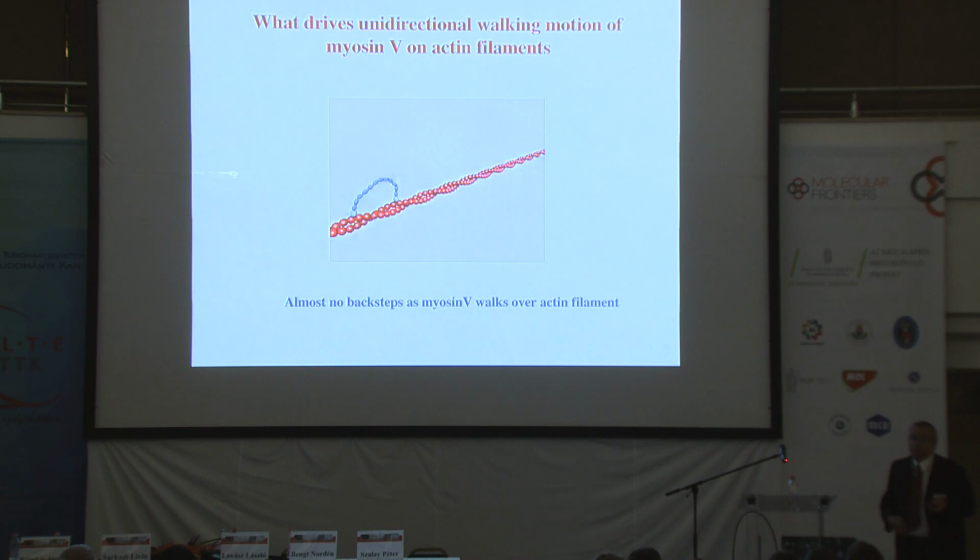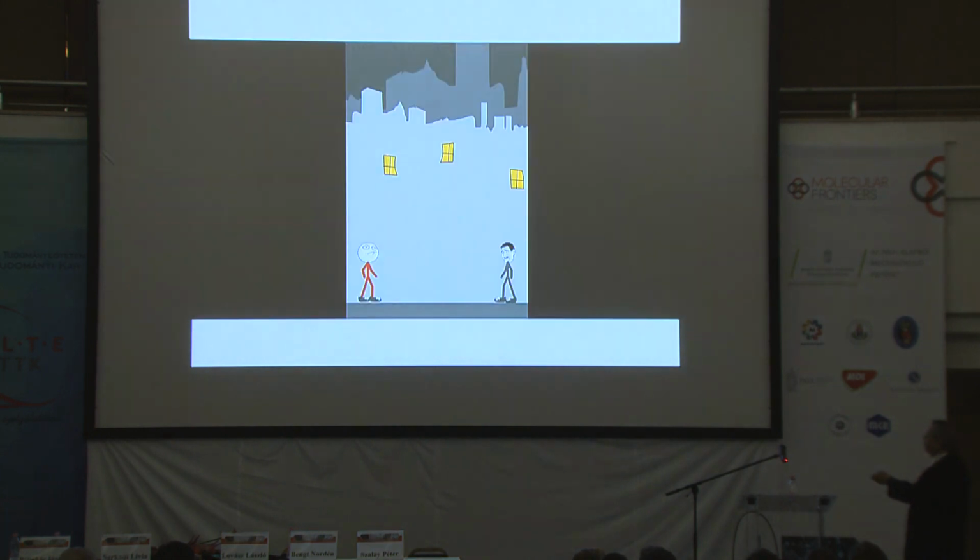In all of them, there are different views of how it works. Most people don't really get it. They believe that Brownian motion is what drives the motor. There is a concept of power stroke, very popular, which we'll see, if I have time, is incorrect. But first I will show you the motion.